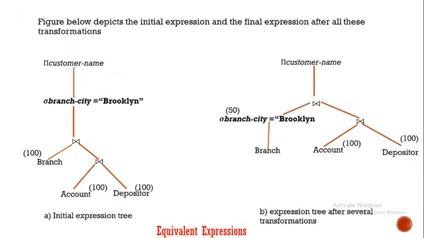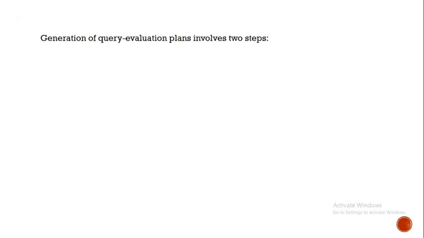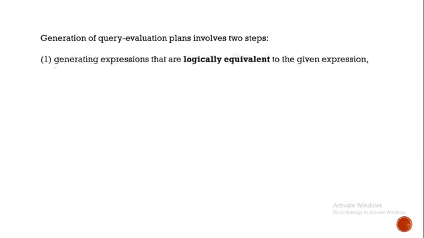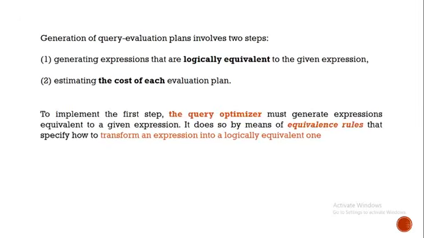Equivalent expressions are nothing but expressions which provide the same results, but the execution time is different. Now we see that the query evaluation plan involves two steps. The first step is generating the query or expression which is logically equivalent to the given expression, and the second is generating the cost of each plan.